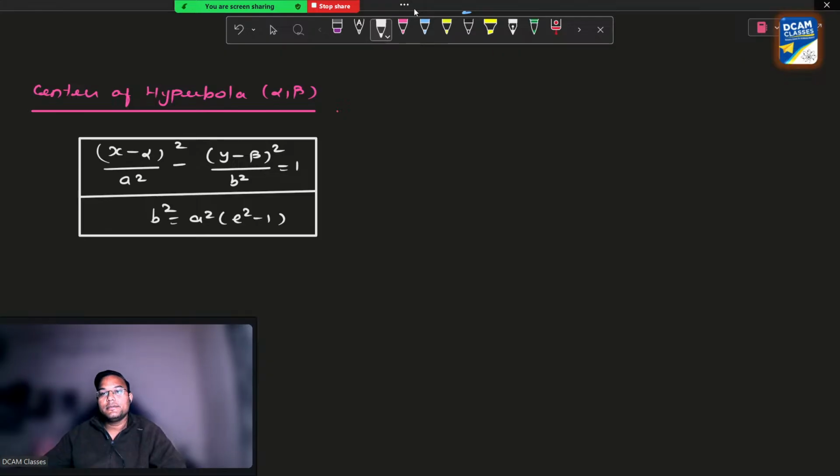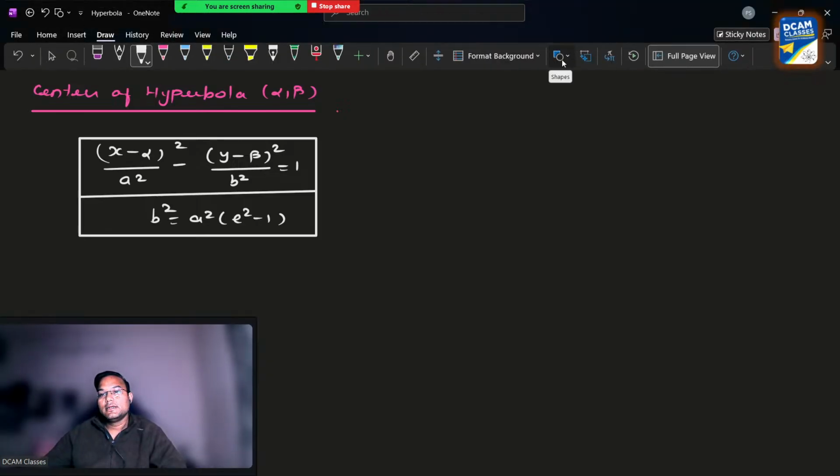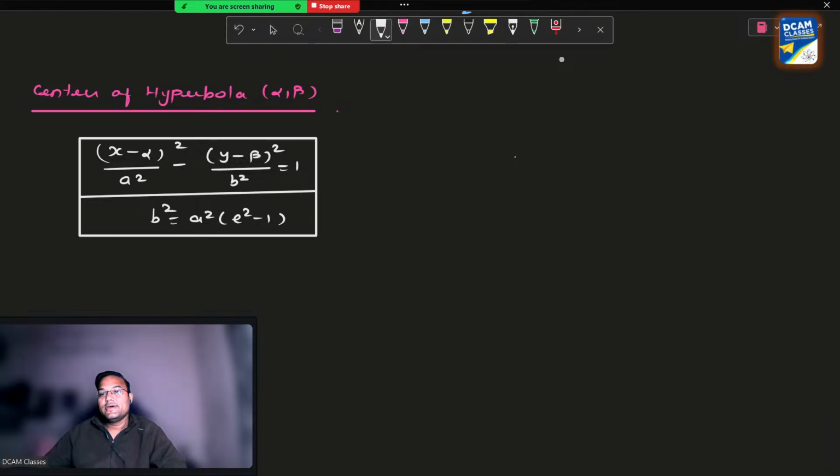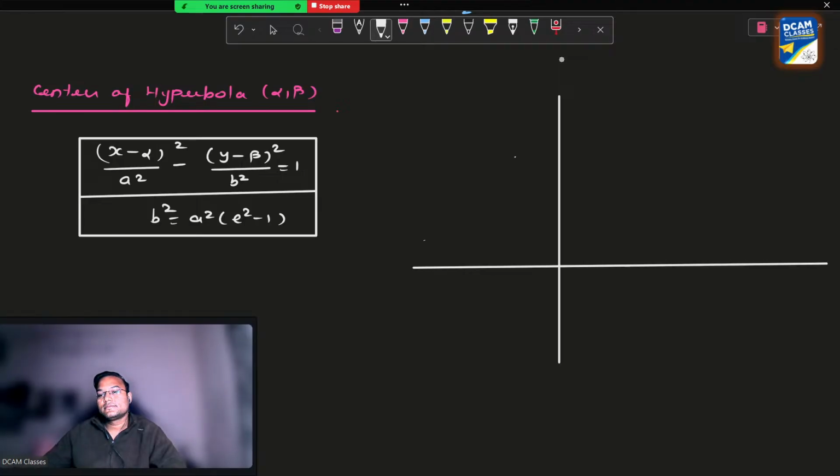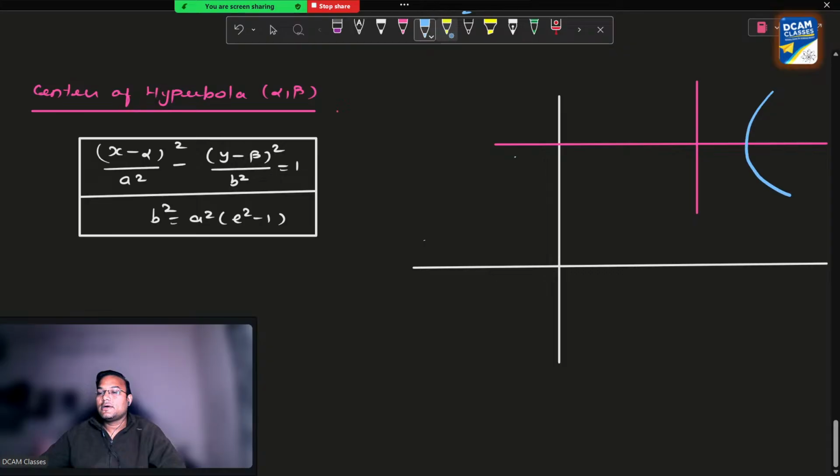Okay. Now comes the part where you have to tell me the equations of everything. See, this will be our major axis and minor axis. Our hyperbola will be shifted with the center as alpha comma beta.